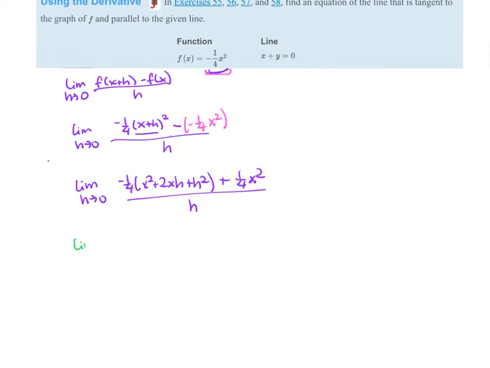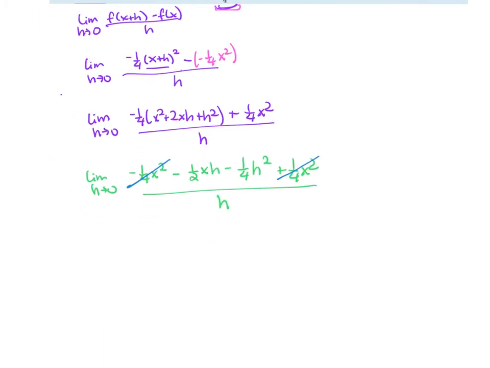Now we distribute: negative 1/4 x squared, negative 1/4 times 2 will be negative 1/2 xh, and then minus 1/4 h squared, then plus 1/4 x squared all over h. Then we can cancel out some things, combine like terms, so that goes away here.